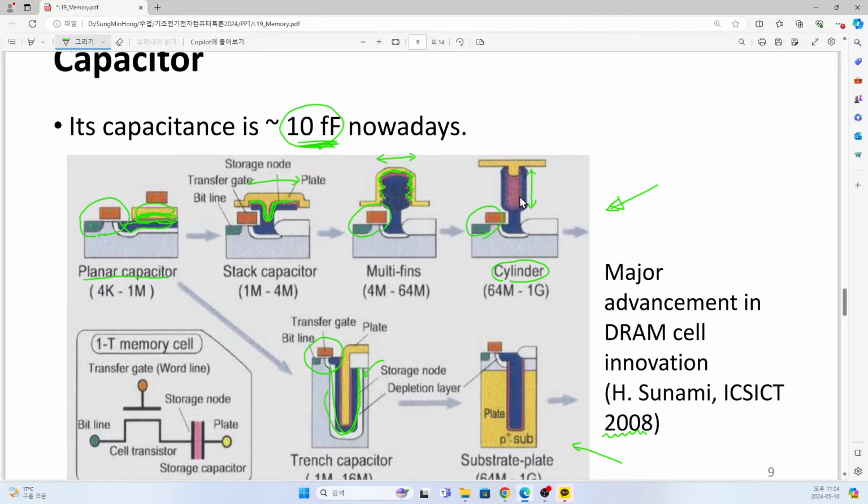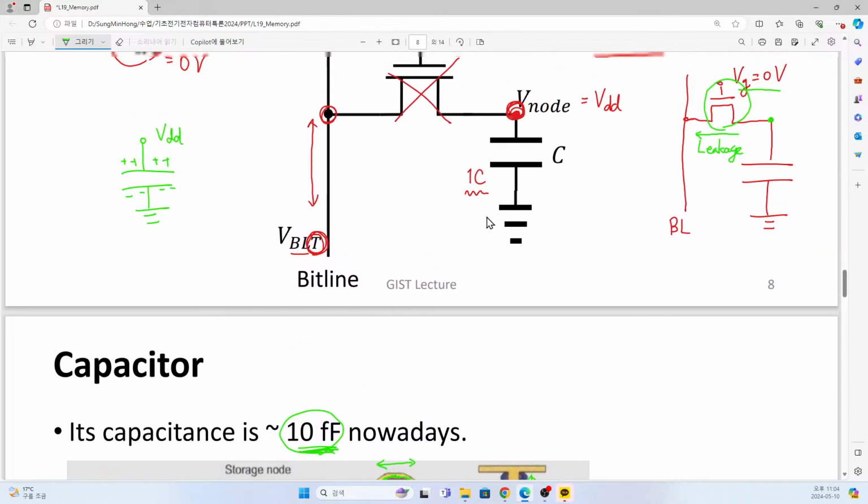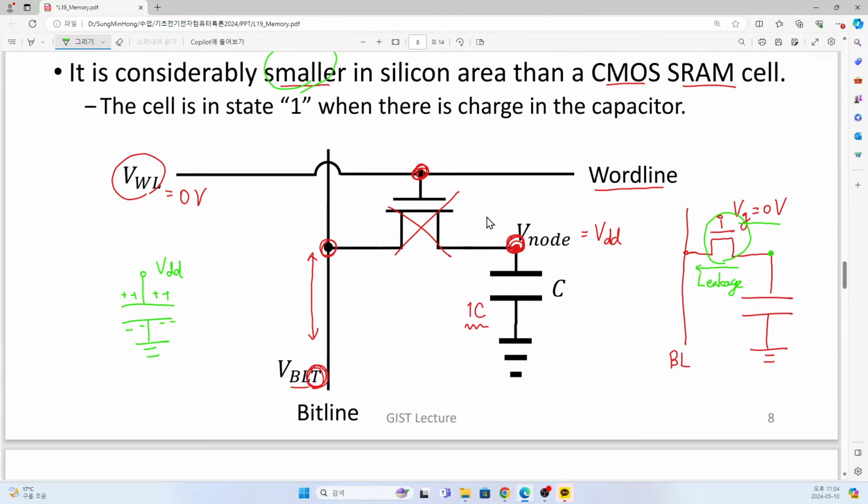And another one, although we have not talked about this transistor, nowadays we have also quite specialized structures for this transistor. Of course, when we come back to our previous discussion, the most important thing in this data storage is to reduce the leakage current.